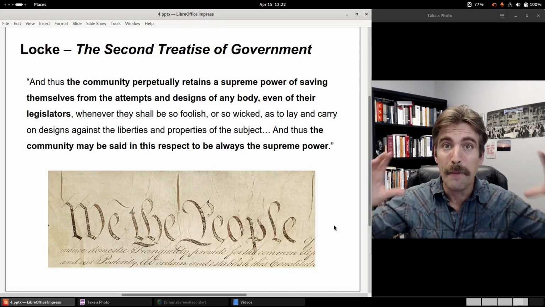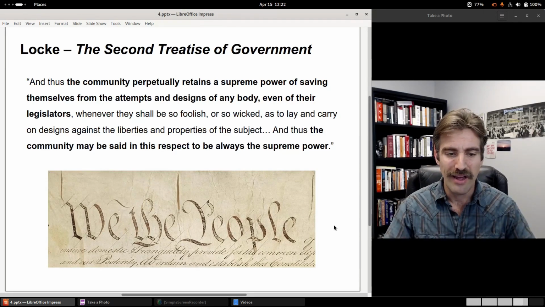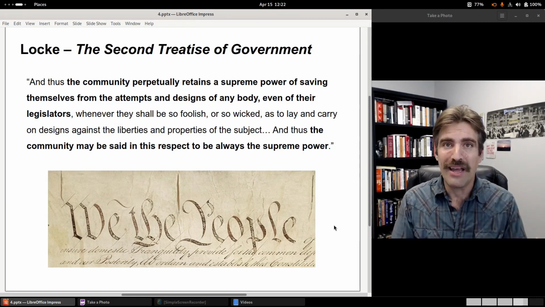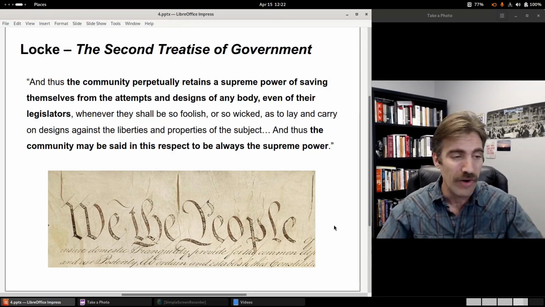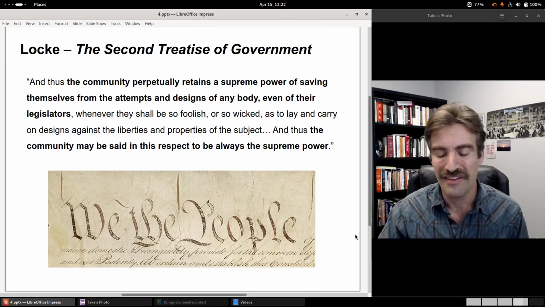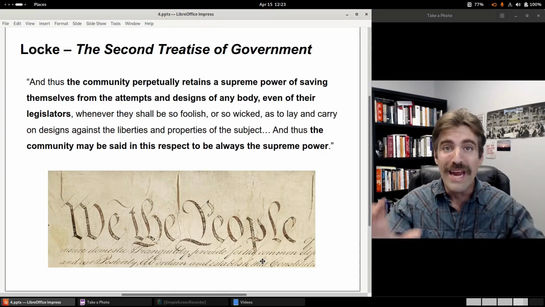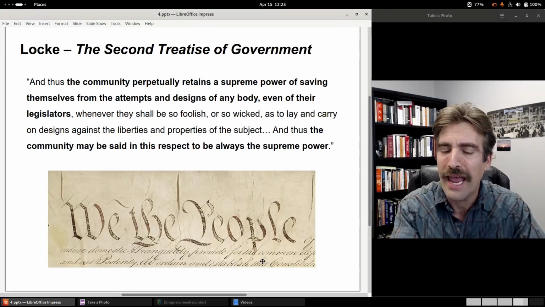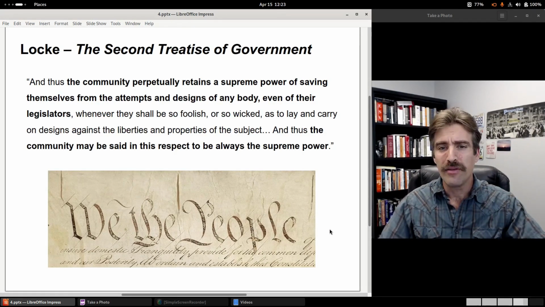This idea that the people, capital P, is a body, as a body can act and has certain prerogatives and rights, and that you can, a little less than a century later, have a document, a constitution with "we the people" right at the top. You wouldn't have seen a document like that in the Middle Ages, for example, or even in the early modern period. It was a very Lockean concept.